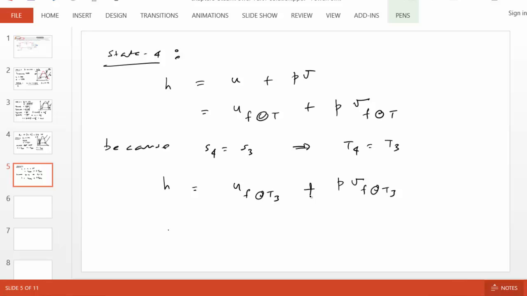We can go pick up these numbers, but notice that we can also write, because this is H4, so if you write H4 is this, and H3 would be therefore also Uf plus P Vf at T3, temperature doesn't change.